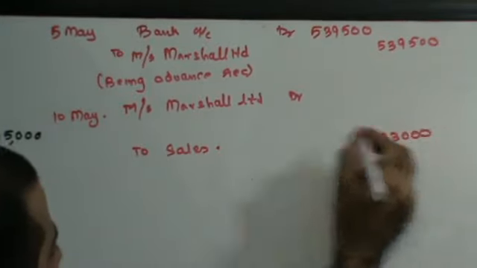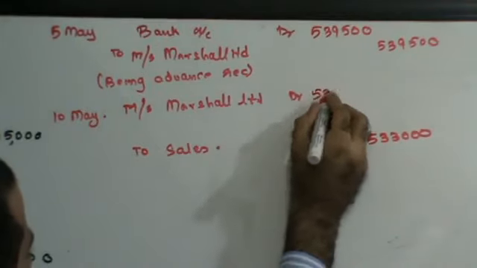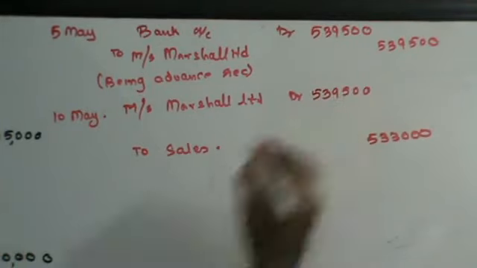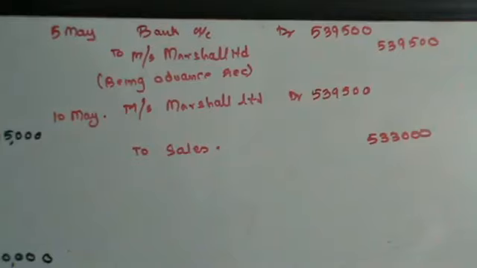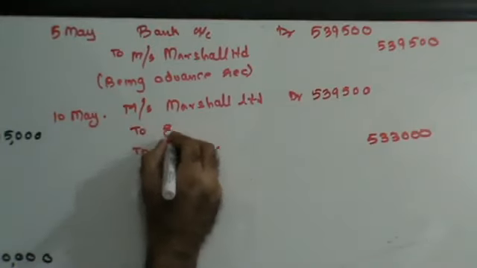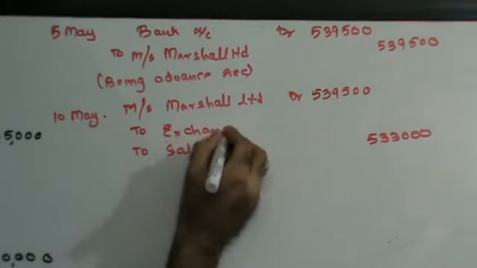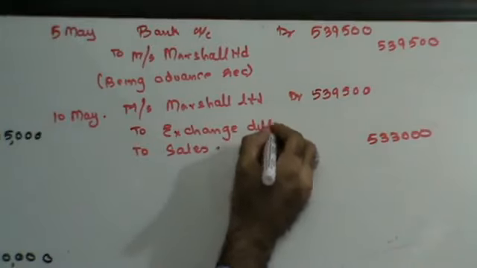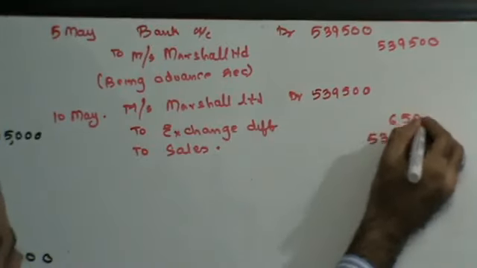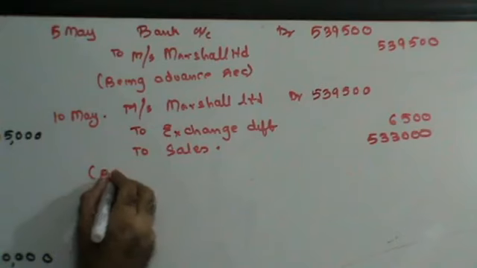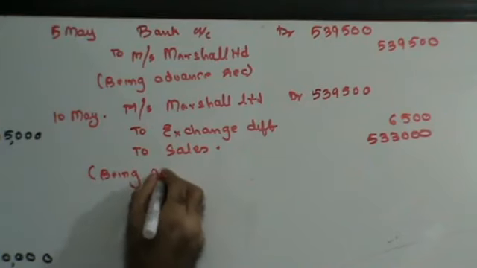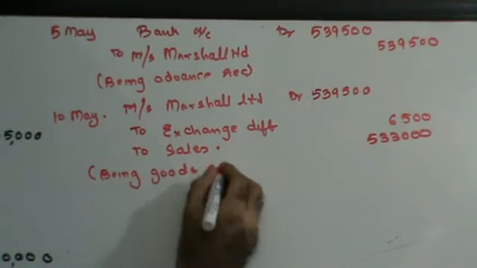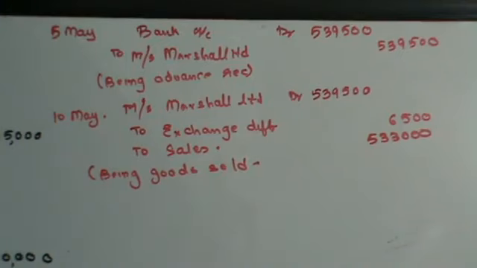You have received an advance from Marshall for 5,39,500. The difference is going to be called exchange difference. 6,500 being goods sold. Right? After 10th May, the next entry that you have is on 15th June.